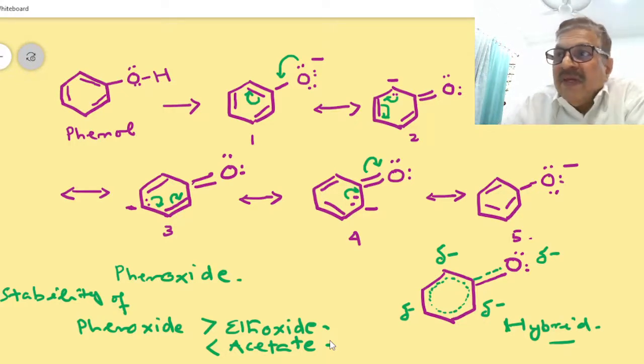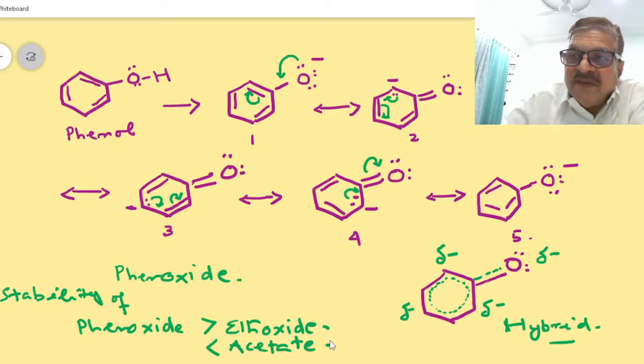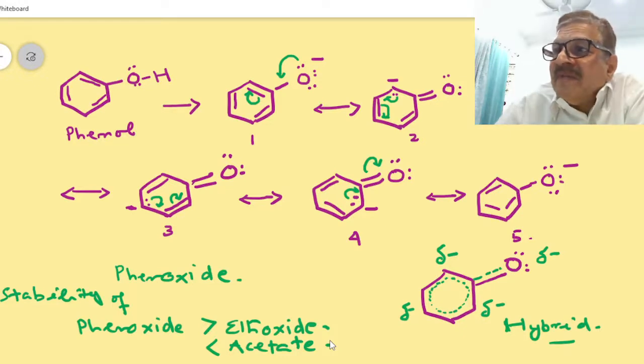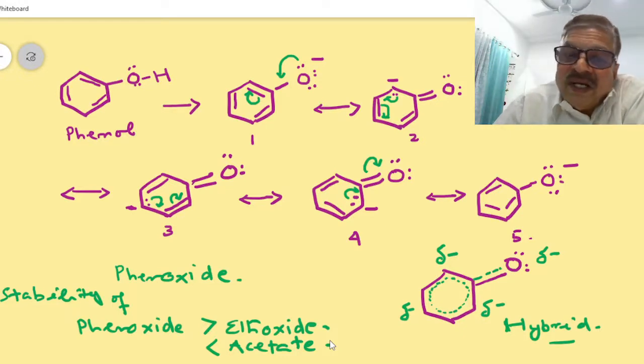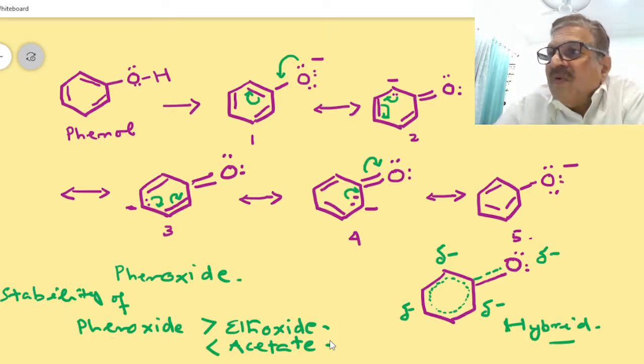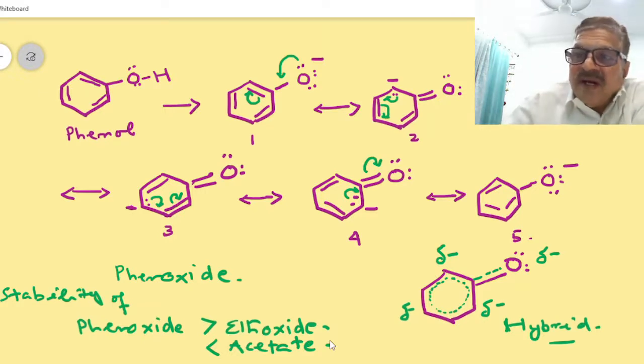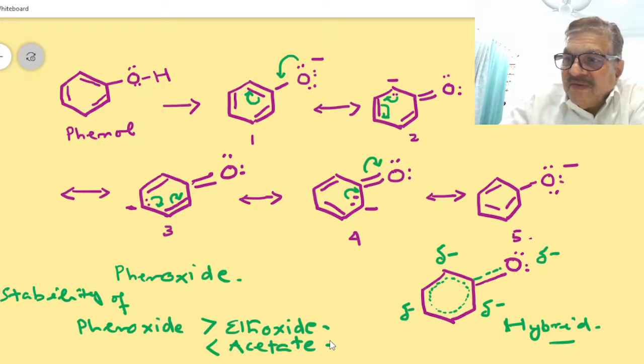If you see the contribution aspect, we have seen in the case of the resonance hybrid which structures are major contributors: structures 1 and 5 are the major contributors, and 2, 3 and 4 are minor contributors. Resonance stabilization accounts for why carboxylic acids are more acidic than other compounds with OH bonds, namely alcohols and phenols.